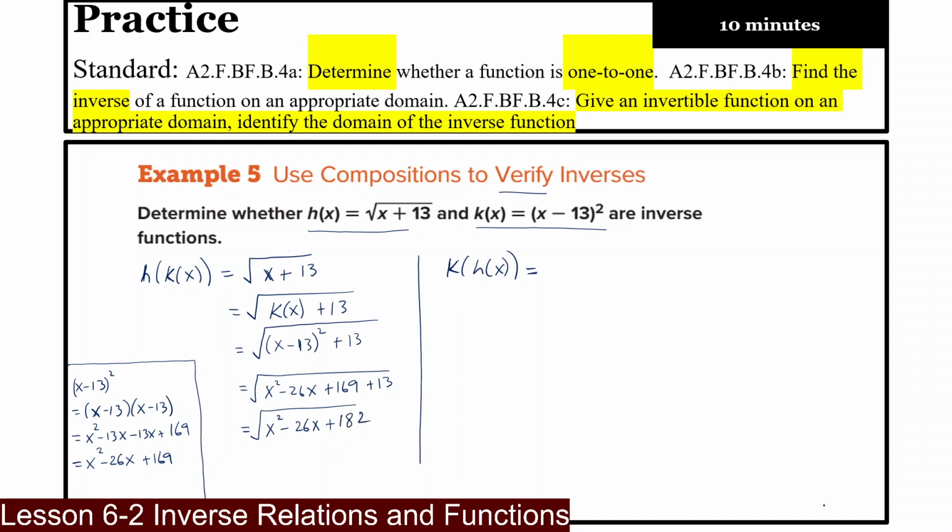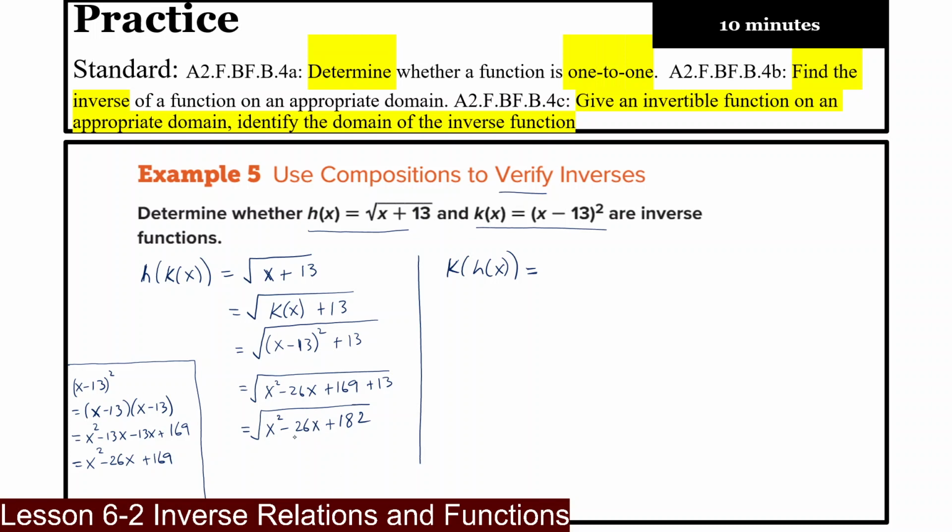So where are we then? We have a square root of all of this. That does not look like it's going to equal x, but we never know. It may end up doing that. So let's see.